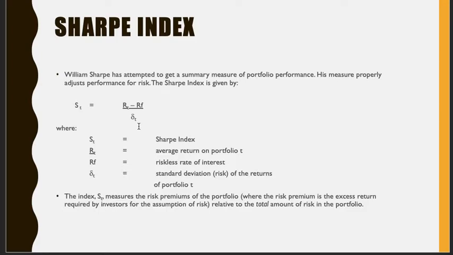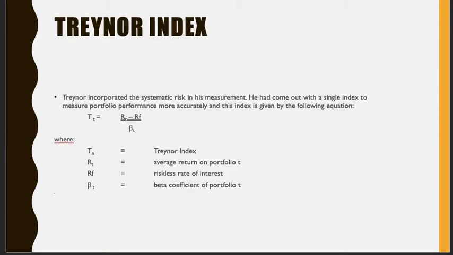If you can still recall what we learned in CAPM, the total risk is equal to the standard deviation. So William Sharpe takes into consideration the total risk in measuring the performance of the portfolio. Next, Treynor incorporated the systematic risk in his measurement. He came up with a single index to measure portfolio performance more accurately, and this index is given by the following equation.